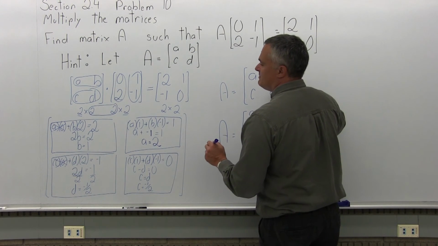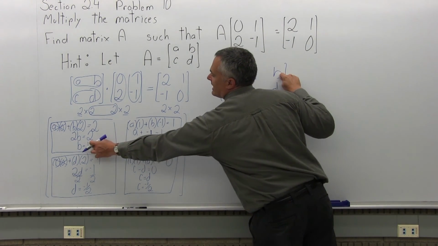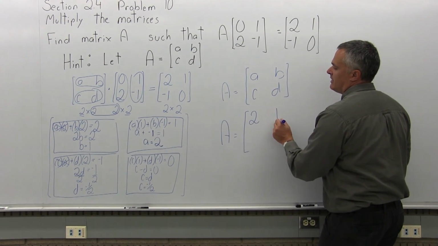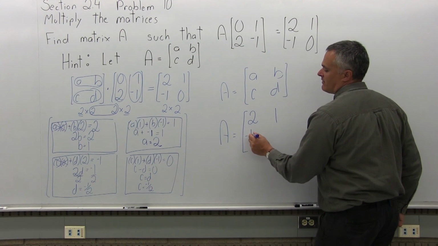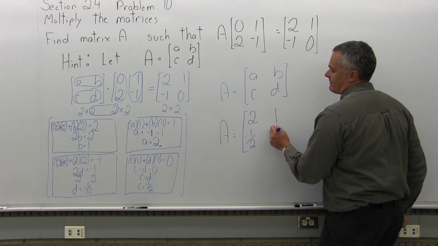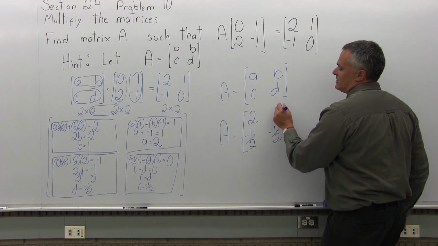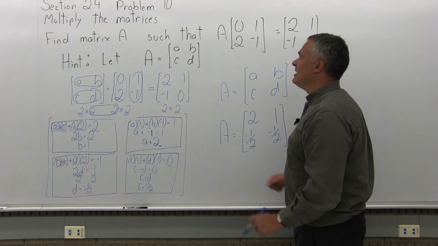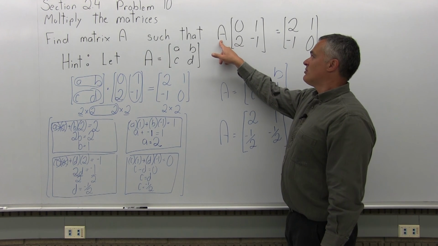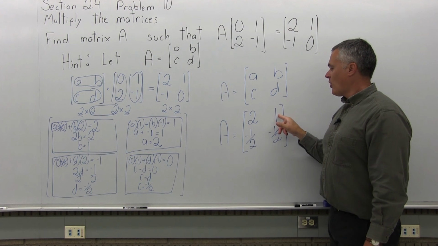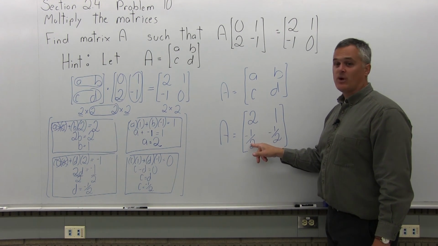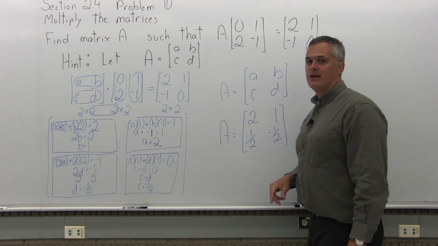And then next is B. The variable B has a value of 1. And then in the bottom row, C and D, they both have a value of negative 1/2. So the matrix A that would make the original equation in the problem true is the matrix with 2, 1 in the top row and negative 1/2 in the bottom row.